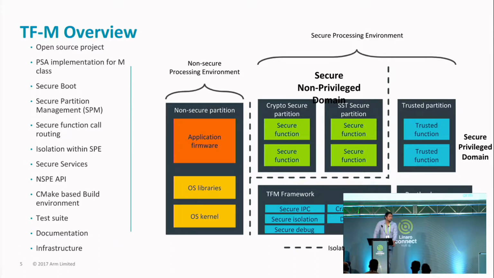What that means is the software needs to be broken down into small pieces, and each small piece should be given just enough privilege, just enough access to let it do its job. We'll get into the details of the different blocks in the rest of this presentation. But let's have a quick look at what we see here.